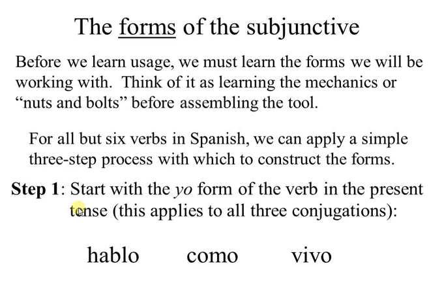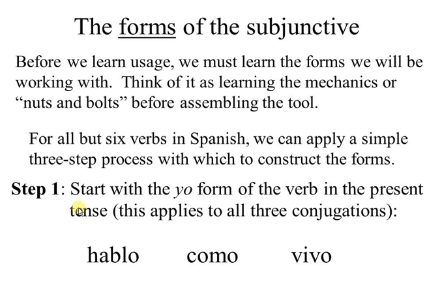Before we learn usage, we must learn the forms we'll be working with. And if you really learn how to use the commands, especially in the usted form, that's going to be super easy because it's the same concept. For all but 6 verbs in Spanish, we can apply a simple 3-step process with which to construct the forms. So step number 1 should be very familiar to you, which is start with the yo form of the verb in the present tense.